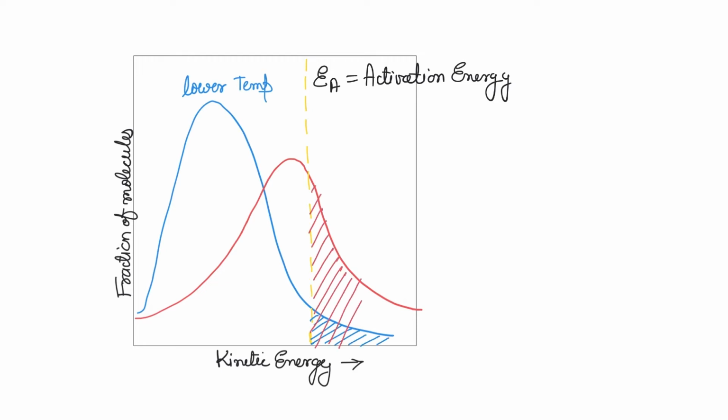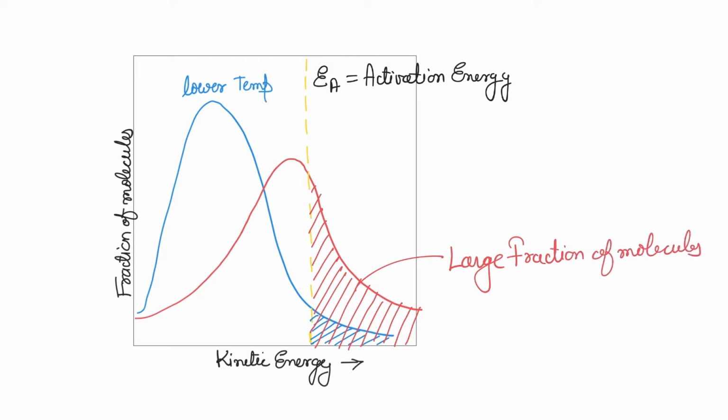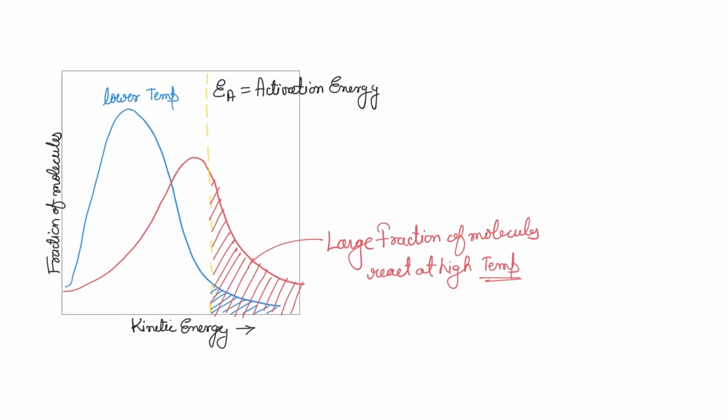And this makes sense because when you increase the temperature of any gas, you have more kinetic energy of the molecules, right? And that is why the temperature can influence the EA as well as the collisions. We should keep this in mind.